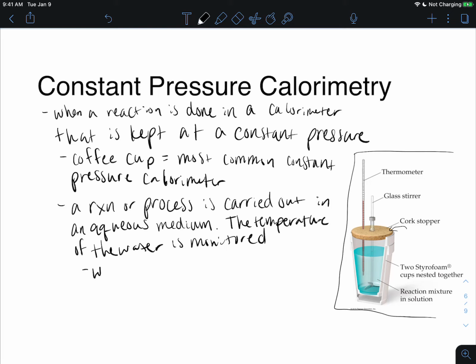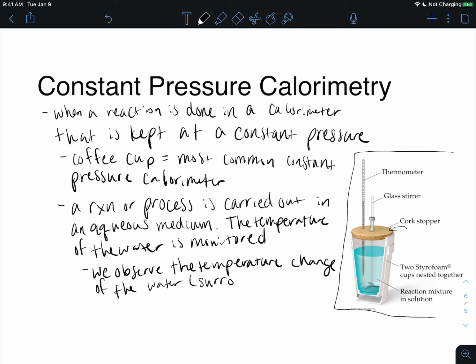So we observe the temperature change of the water, which is our surroundings, to gain information about the system.